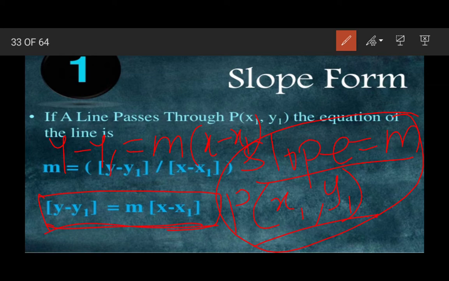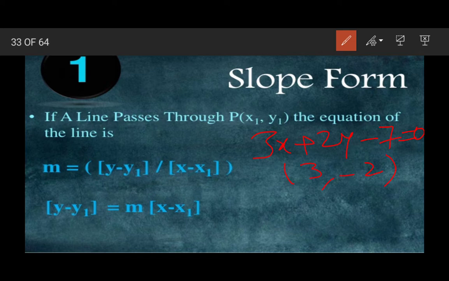So y minus y1 equals m into x minus x1. Let us see the example. Suppose the question is: find the equation of a line 3x plus 2y minus 7 equal to 0 passing through the point 3 comma minus 2.